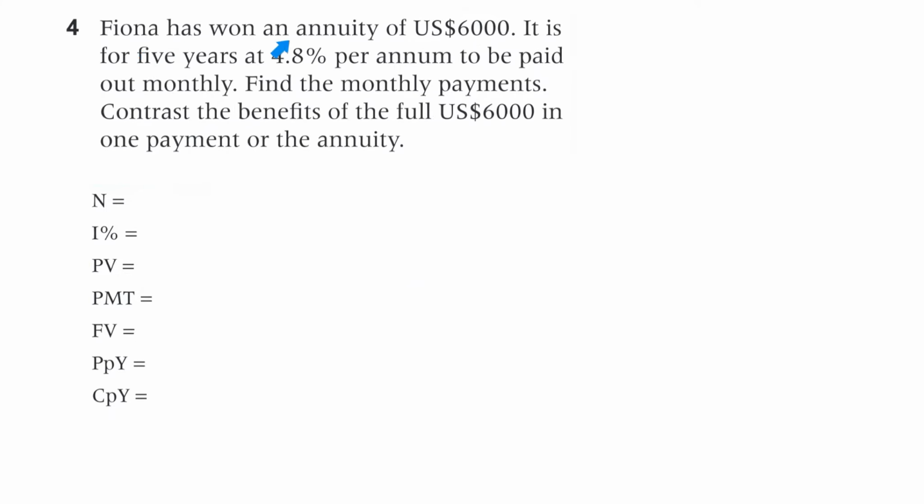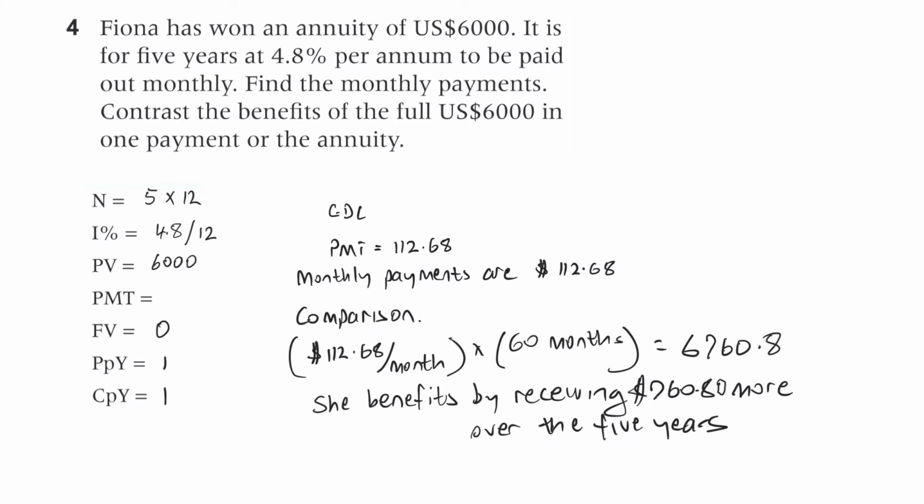Number 4, Fiona has won an annuity of $6,000 US. It is for 5 years at 4.8% per annum to be paid out monthly. Find the monthly payments. Contrast the benefits of the full 6,000 in one payment or the annuity. Okay, so we're looking for the monthly payments. So we're looking for this one here. We want to try to keep these as 1 and 1, so we're going to change these to reflect that.